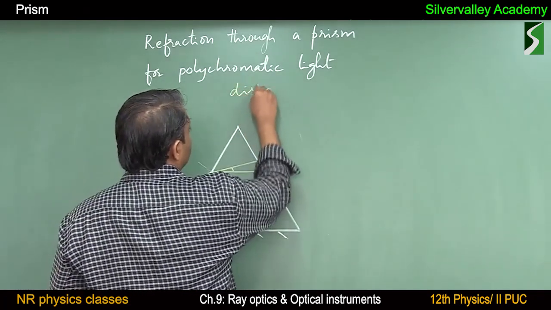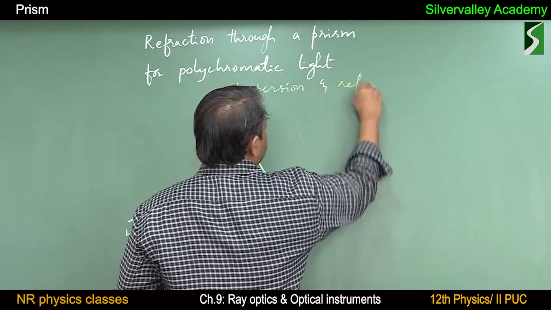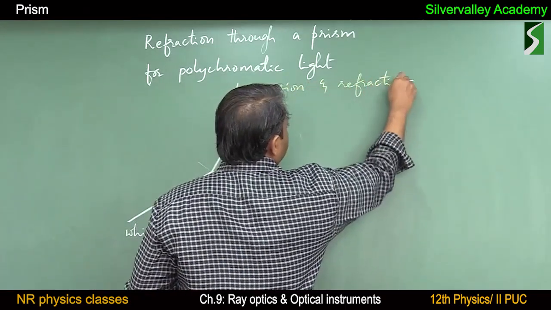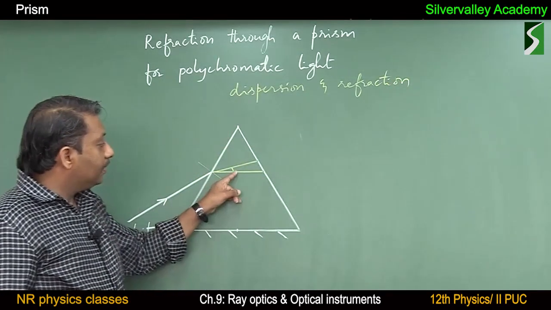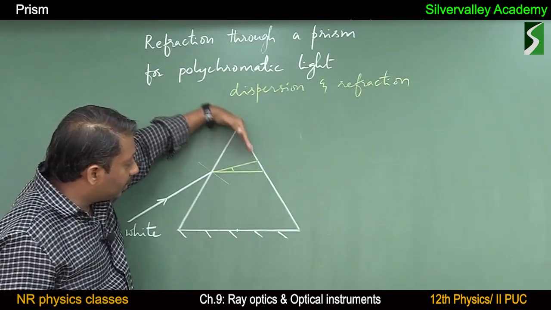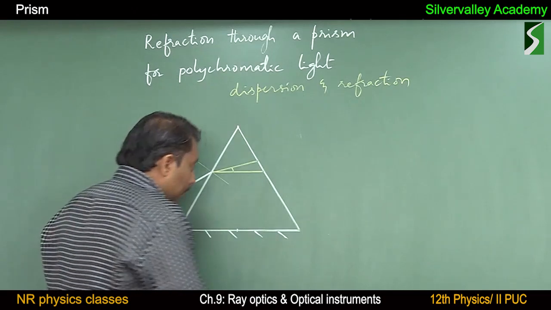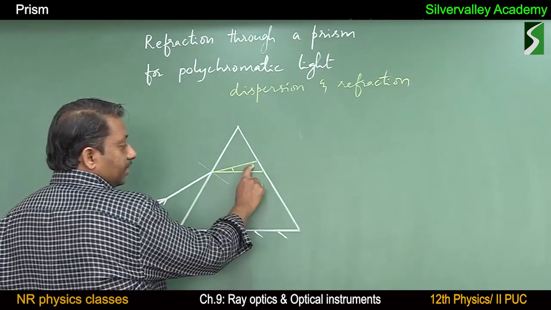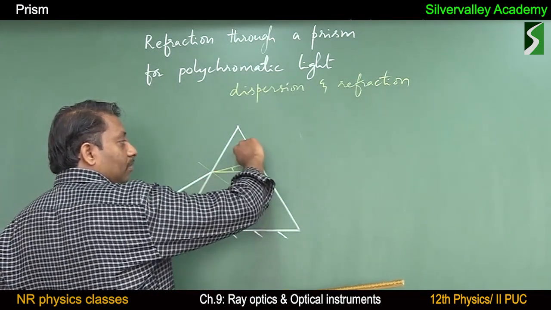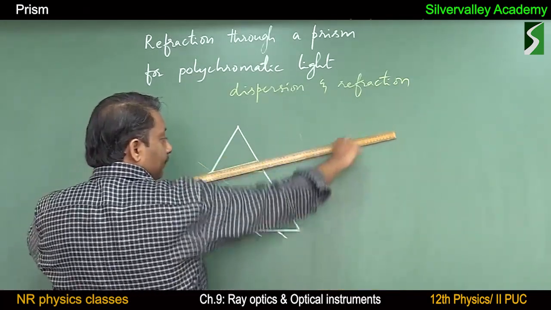Dispersion and refraction. But the angle of dispersion is not sufficient. That is why second interface is used, second refracting surface is used. Now, this light ray again traveling from denser to rarer, therefore instead of traveling straight, this bends.